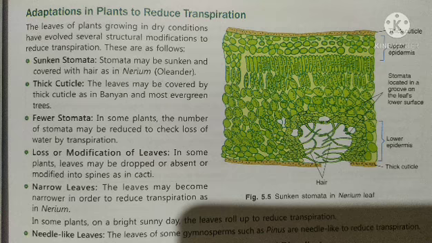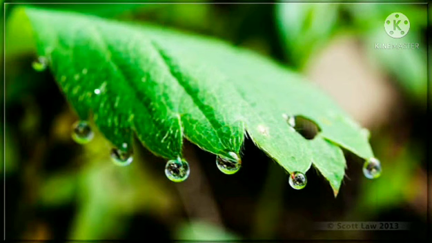Further, if there are lesser stomata, the transpiration rate will also be decreased. Then another adaptation is that the leaves become narrow to reduce the rate of transpiration, or they become needle-like to reduce transpiration process.